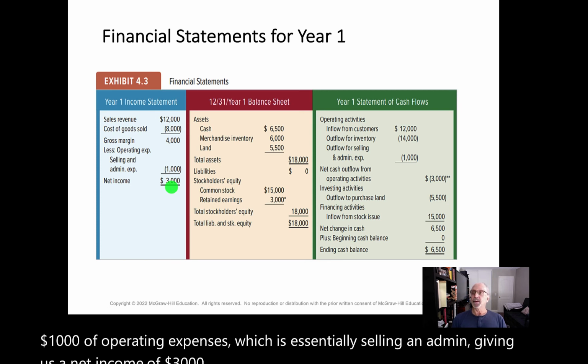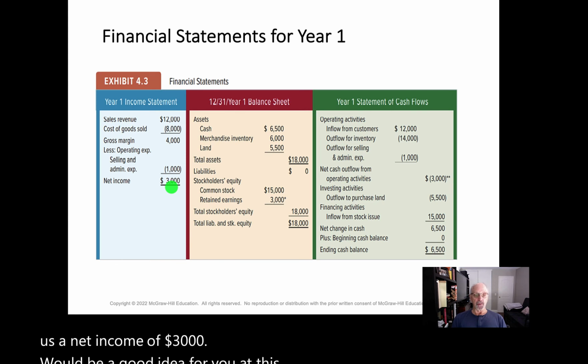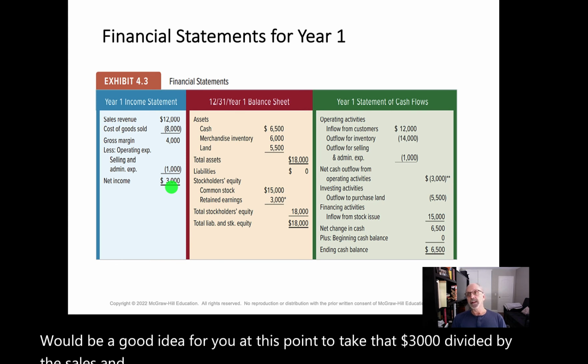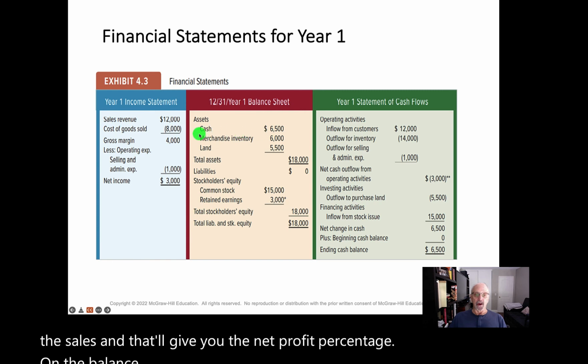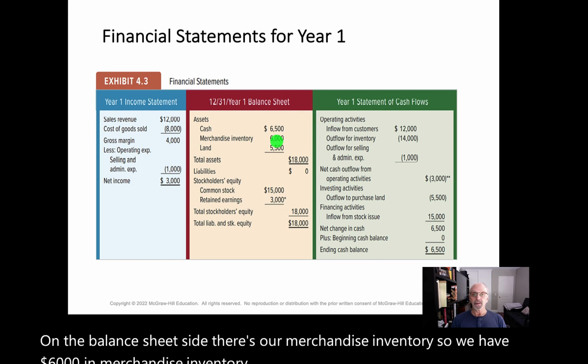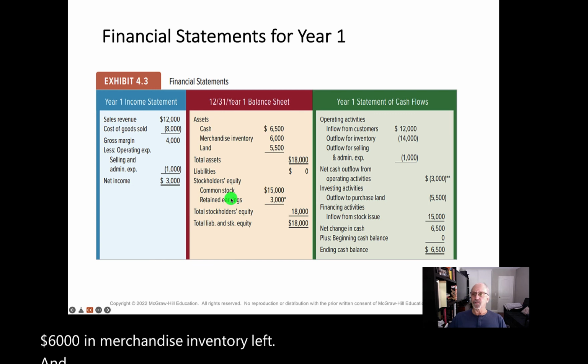Now, it'd be a good idea for you at this point to take that $3,000, divide it by the sales, and that'll give you the net profit percentage. On the balance sheet side, there's our merchandise inventory. So we have $6,000 in merchandise inventory left. And that's pretty much the change on the balance sheet.